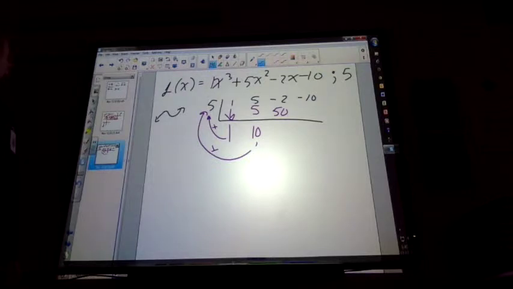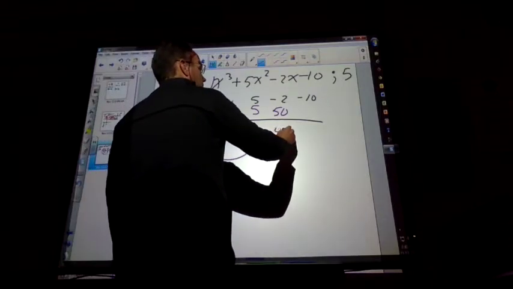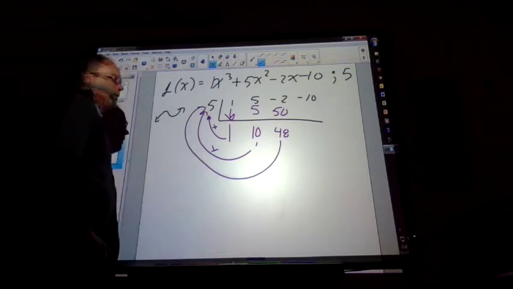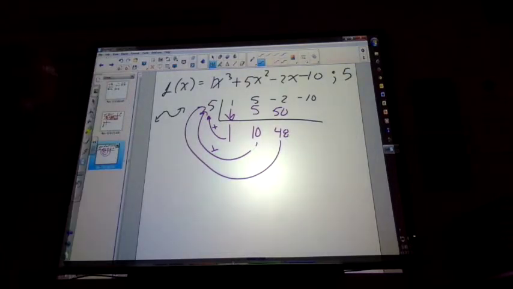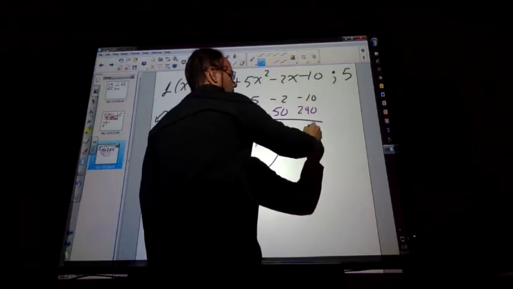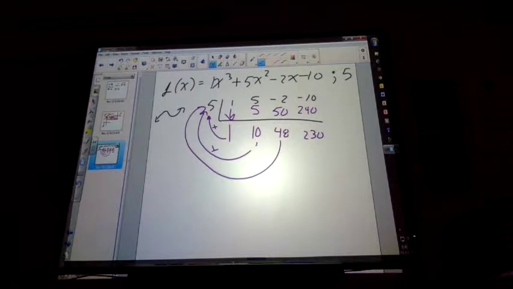Combine the -2 and the 50, so I get 48. Then 48 times 5 is 240. So I get 230.